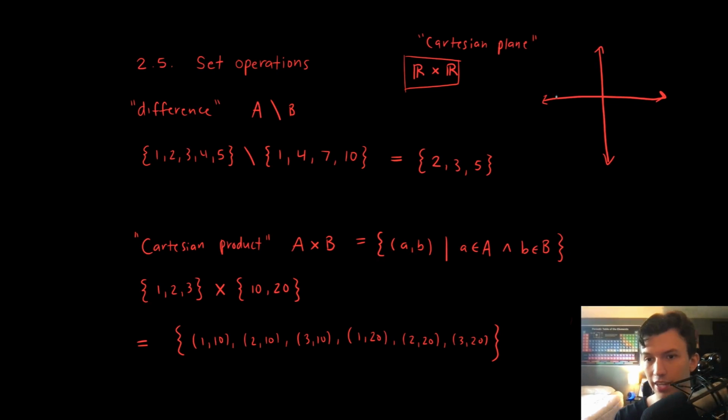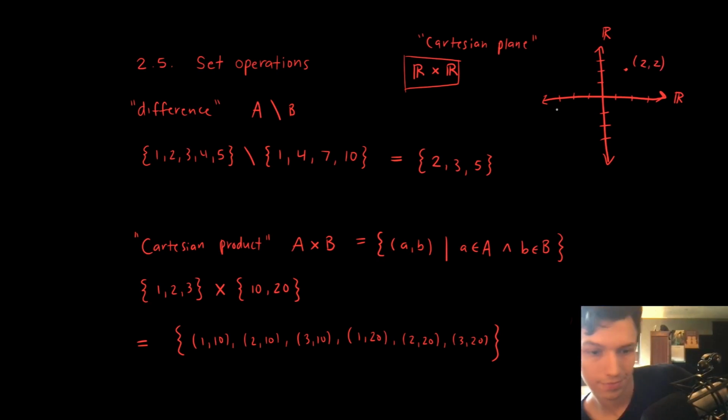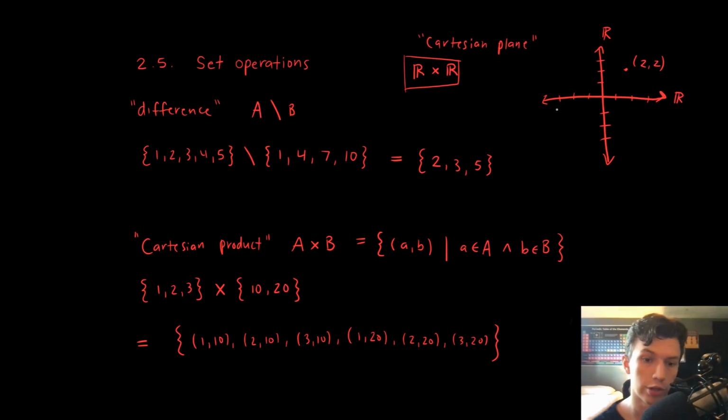And what this really is, you have a real axis, because this is a list of real numbers. You have 0 here, then you have 1, 2, 3, and all the numbers in between and negative numbers. So this is a representation of the set of real numbers. And then you have another set of real numbers, which you represent vertically. And everything in this plane is an element of the Cartesian product, something like (2, 2). The set of all ordered pairs. So that's the four different set operations I want to look at.